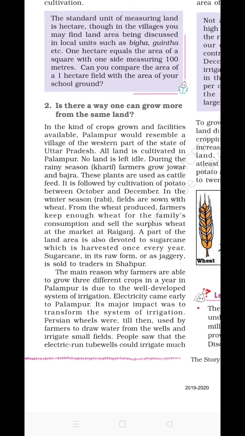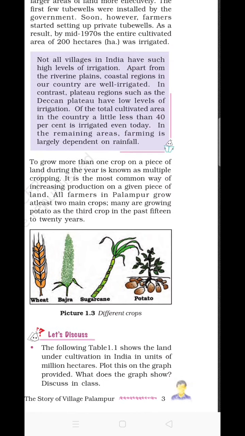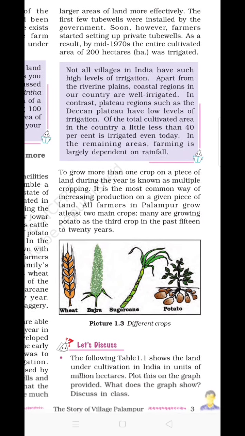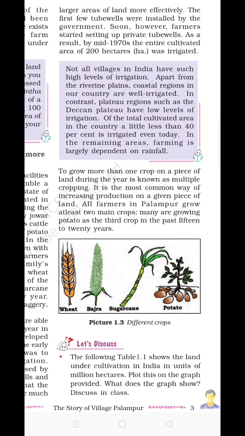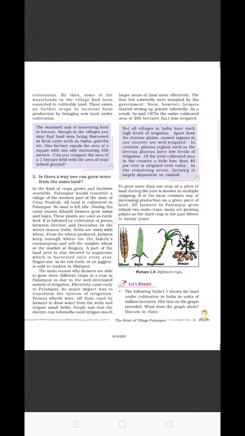And in the winter season, October to December, the farmer grows rabi crops on their field. So it varies from season to season. They can grow one crop on the same field, and with multi-cropping they can grow more than one crop on the same field at the same time as well.